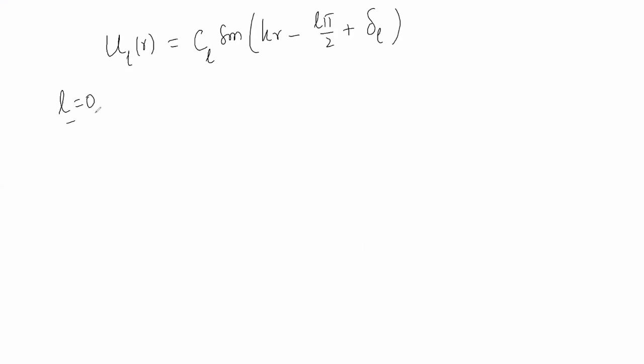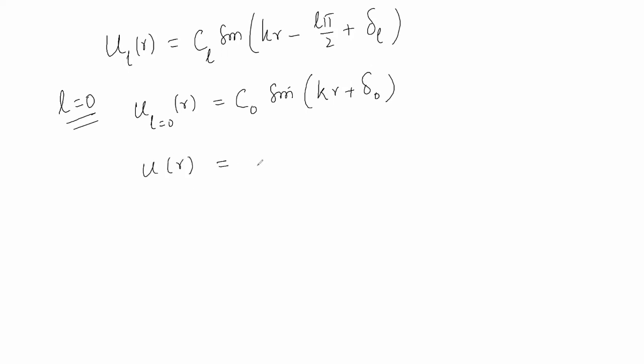That means if I talk about L equal to 0, then U_0(r) will be C_0 sin (kr plus delta_0). Is it not? And see, what was my U(r)?